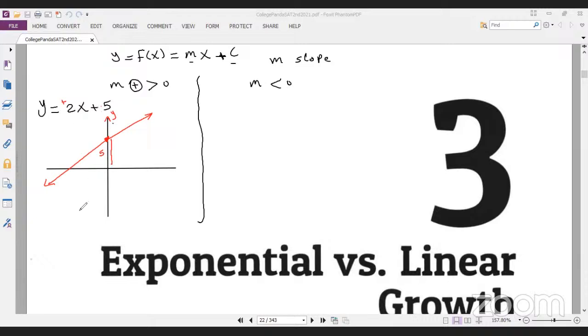If we have y equals x minus 2 or minus 3, whatever, the intercept is -3. Also, the slope is 1. What does it mean? It looks like 1 in the positive direction from the x-axis.